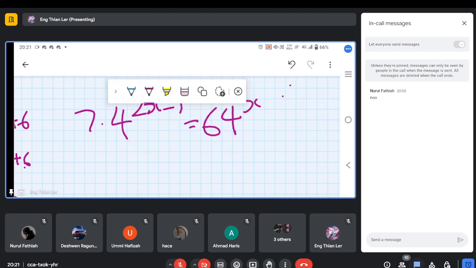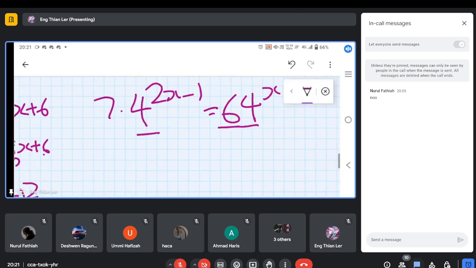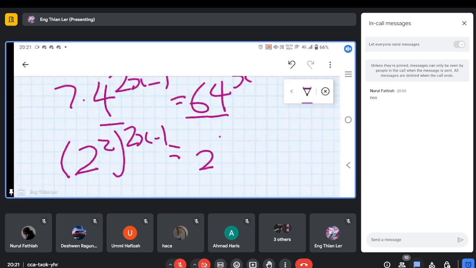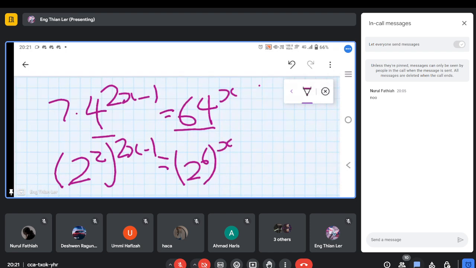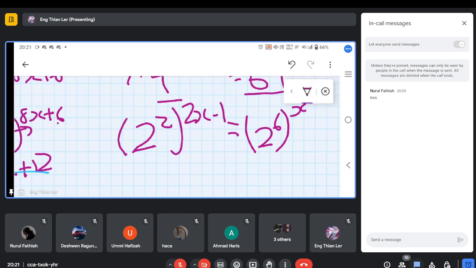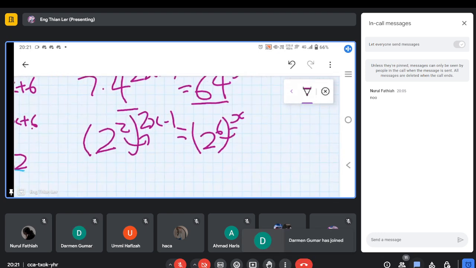Now this 4 and this 16, different base. We're just going to make them the same base. 4 is 2 squared, 16 is 2 to the power of 4, and 64 is 2 to the power of 6. And now we just multiply this by this, and this by this.